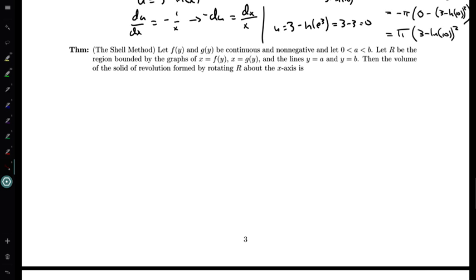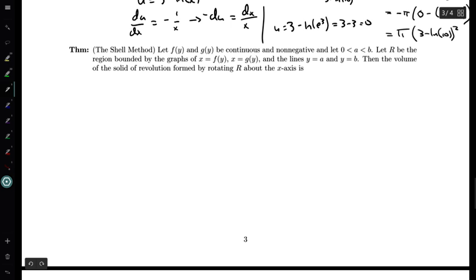If you go back to the way that we started the shell method for the integrating with respect to x case, you'll notice that all we've done here is replace the x's by y's and the y's by x's. What we're doing is taking a look at the volume of the solid of revolution formed from this region R.